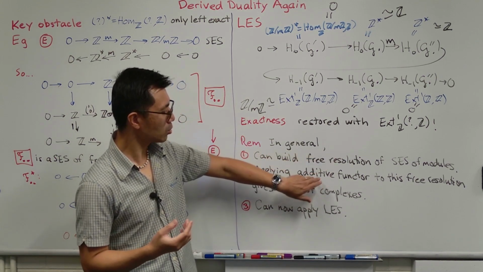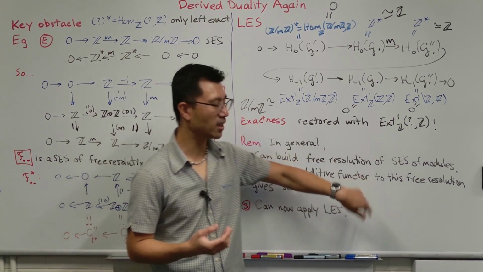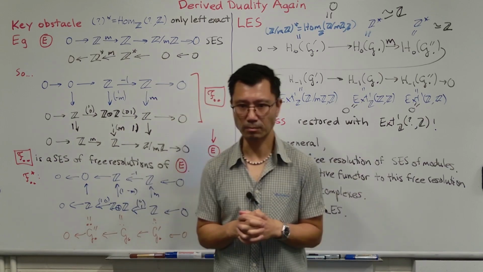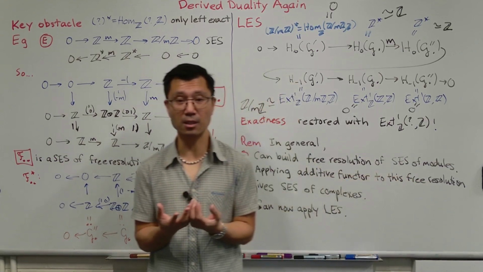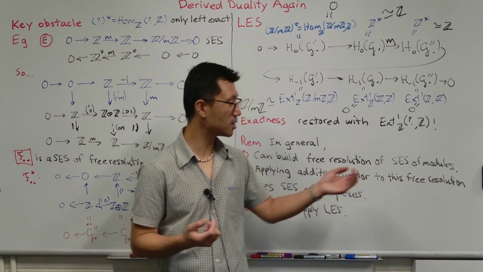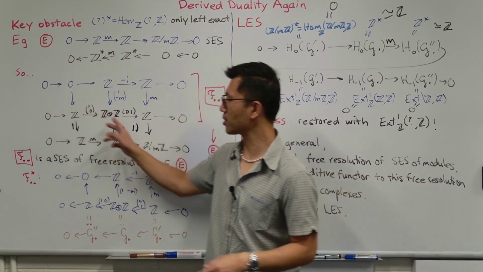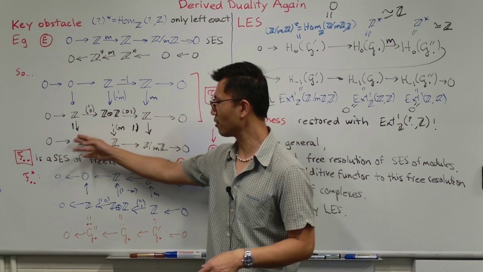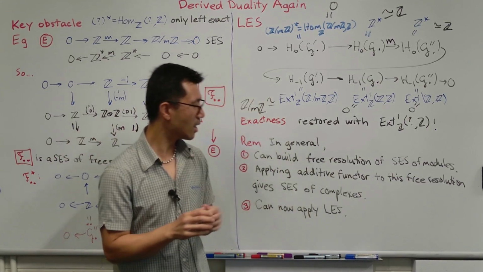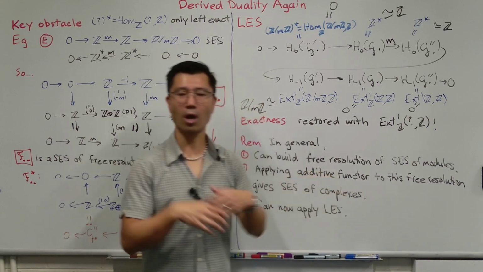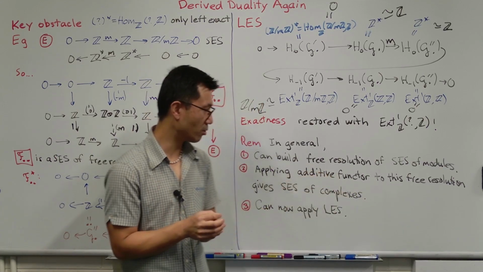So next you're going to apply an additive functor to this free resolution. Since you're applying an additive functor, complexes go to complexes. It's not quite an exact sequence because you've dropped the original modules, you're just looking at the free part. So when you apply that, you'll only get a complex in general.